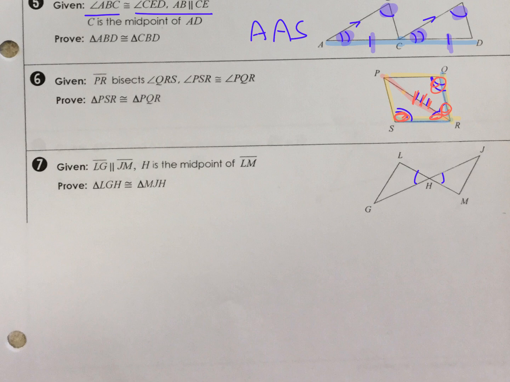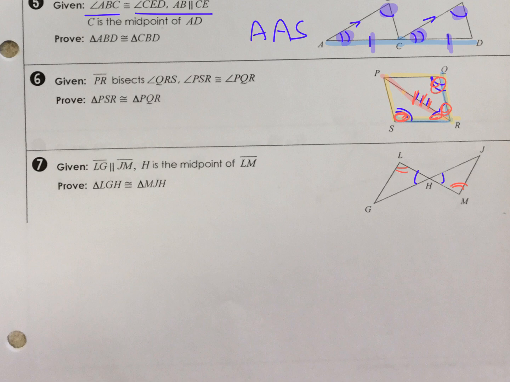All right, number 7, LG is parallel to JM. So when they are parallel like that, that tells me that their alternate interior angles are congruent. Now I have that H is the midpoint of LM.